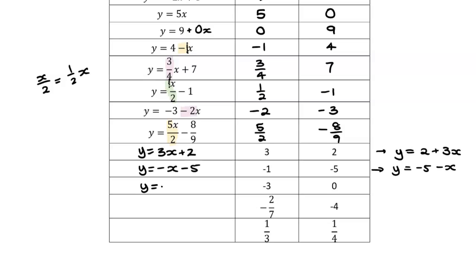Next one, y equals minus 3x. I could write plus 0, but I don't need to. Next one, y equals minus 2 over 7x minus 4, or if you wanted to be creative, y equals minus 2x over 7 minus 4.